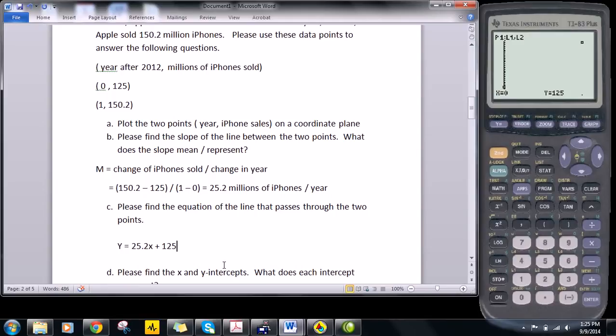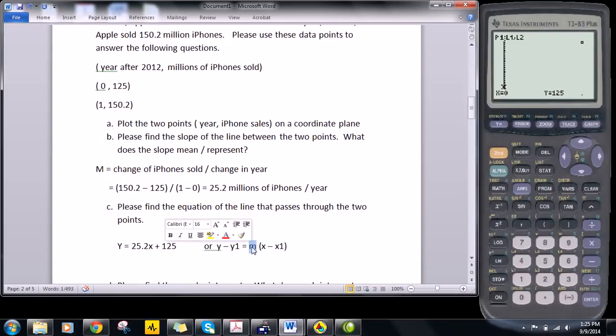Another way to do it would be to use my favorite, point slope. Y minus y1 equals m, the slope, times the quantity x minus x1, right? Now this is called point slope because it asks us to input the slope for m, which I already know is 25.2 millions of iPhones per year, and a point x1, y1 through which it travels.